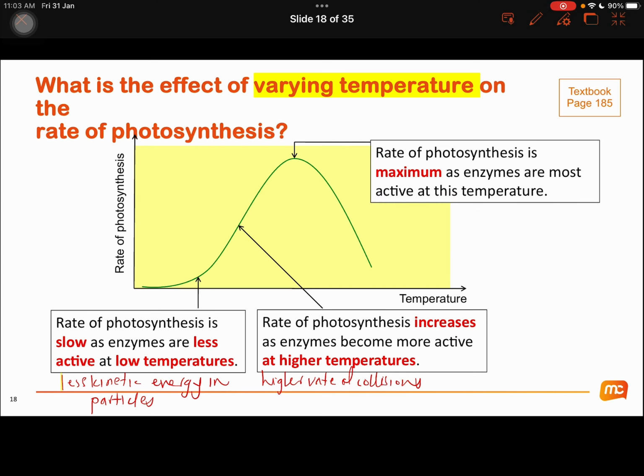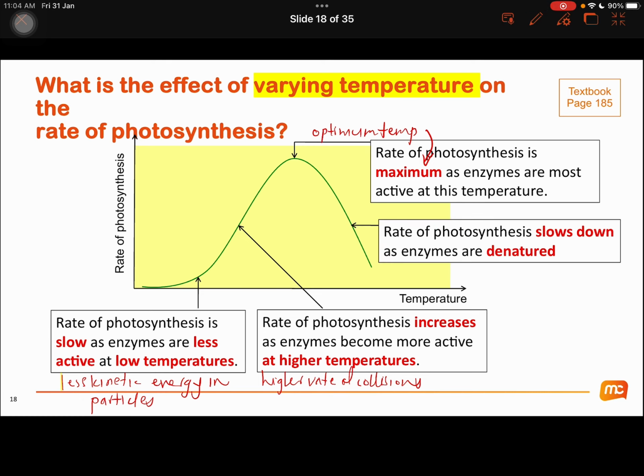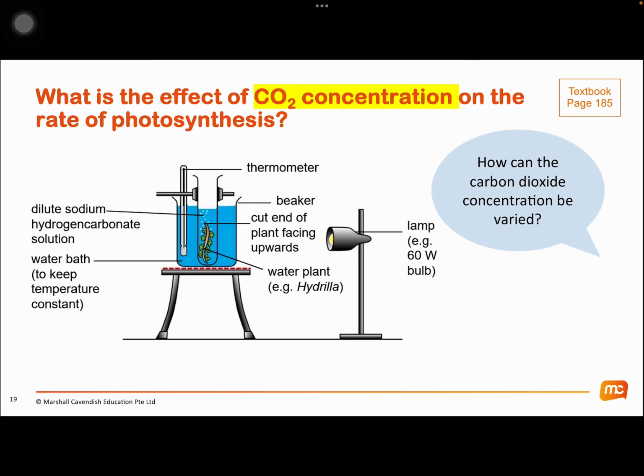Then at the optimum temperature, the maximum rate of photosynthesis will be achieved, and then it will eventually slow down as enzymes are denatured.